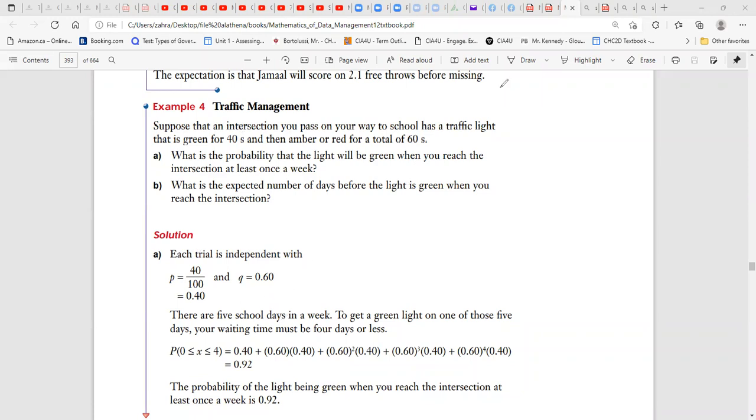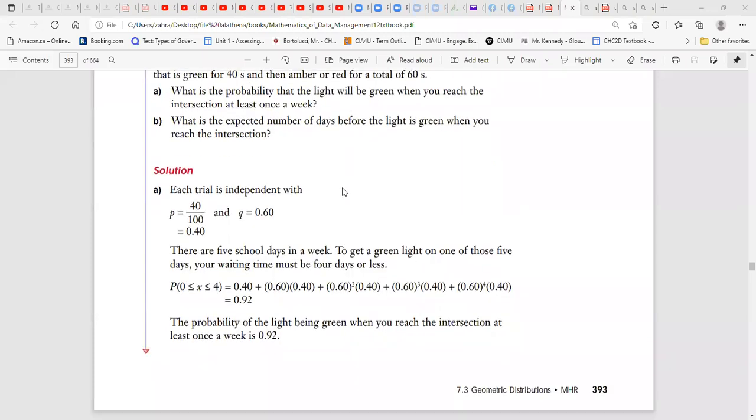Now, if you want to do it using geometric, it said what's the probability of at least once a week. So if this is once a week, it means the first time you reach the light, it is green. So what is the probability? We have 0.4. But it might be that on the first day it is red, and then the next day it is green. It's going to be 0.6 times 0.4. Or the first 2 days will be red, but on the third day, you will have green. So 0.6 to the power 2 times 0.4.